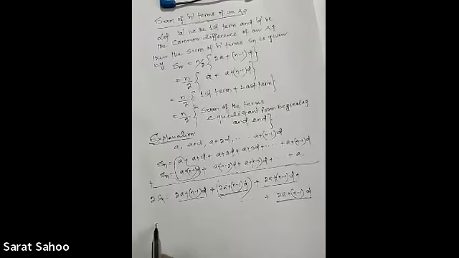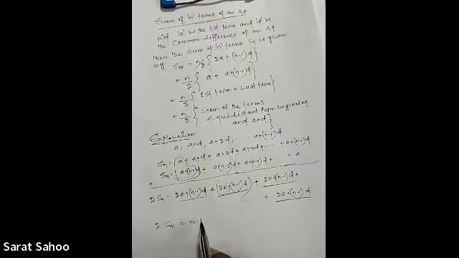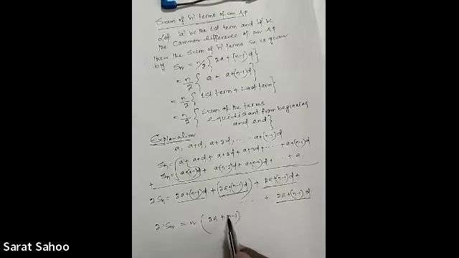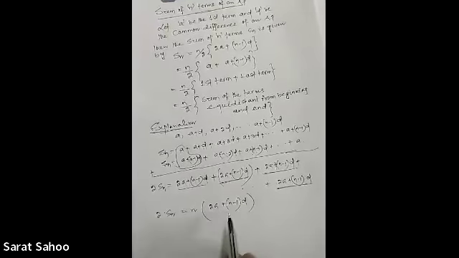How many terms are there? n terms. So 2 times Sn is equal to n into (2A plus (n minus 1) into D).